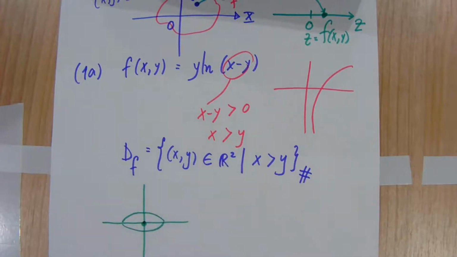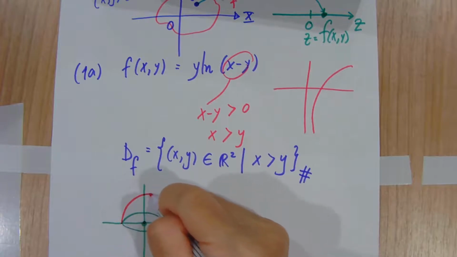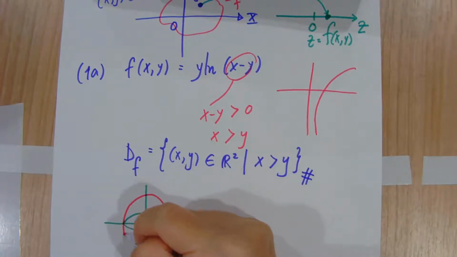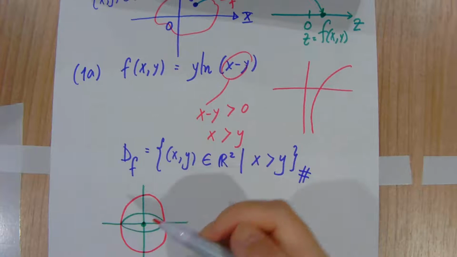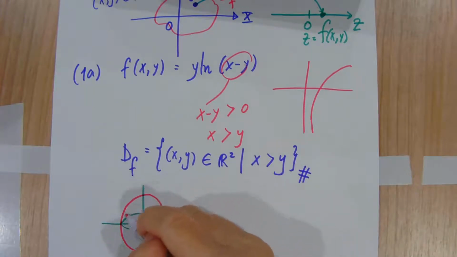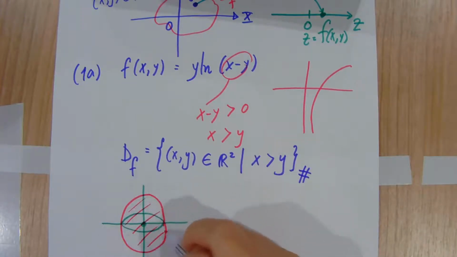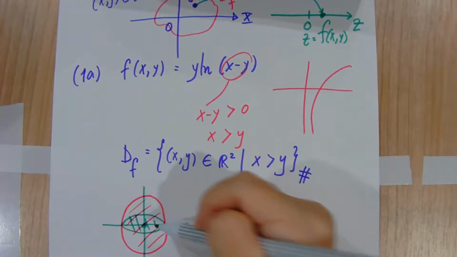Then the sphere, so this is the sphere. Okay, and this is the domain on the xy.